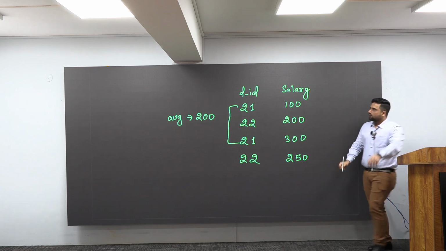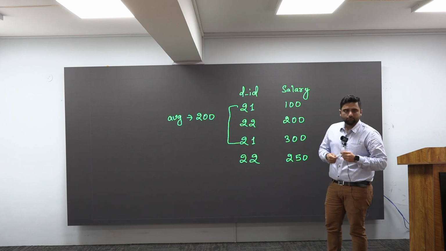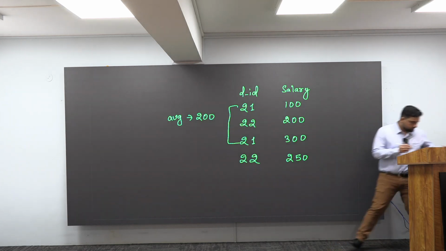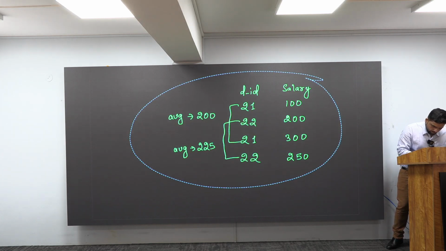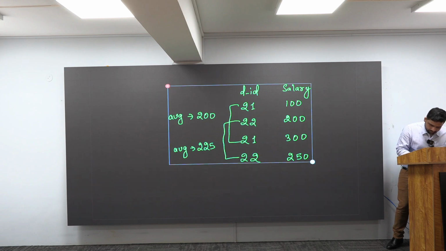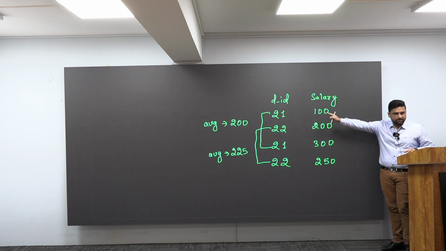Now, what can be the average salary of department 22? 225. How many average salaries did we get here? 2: one for department 21, one for department 22.